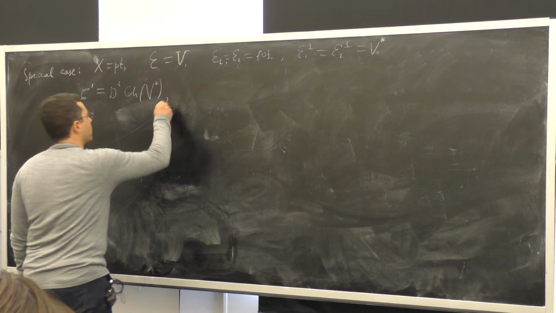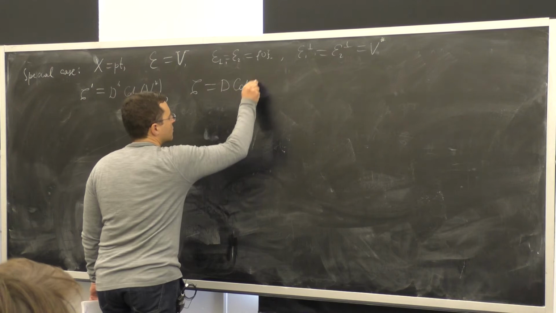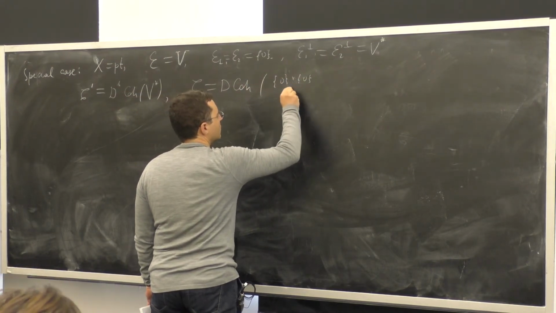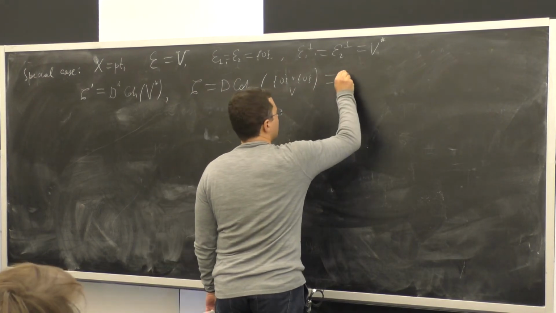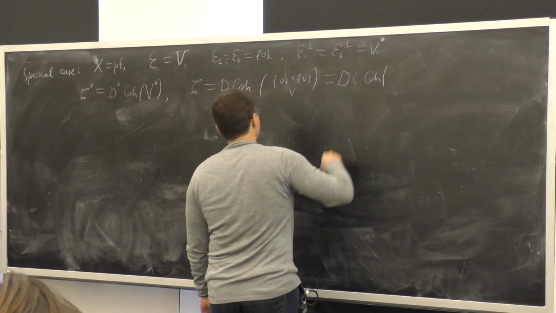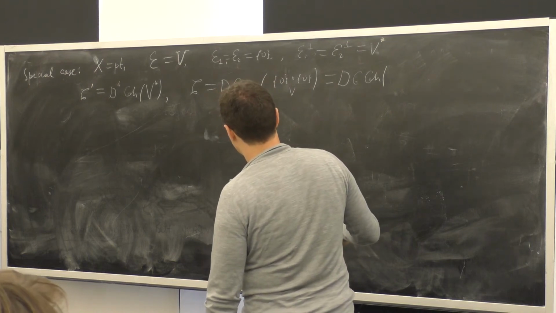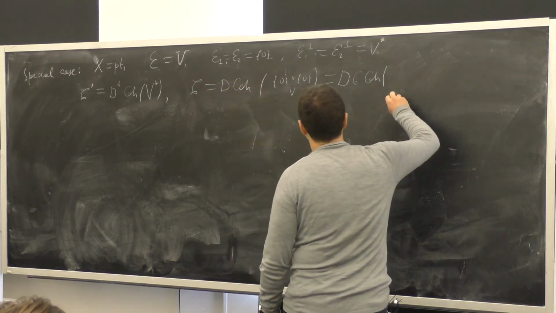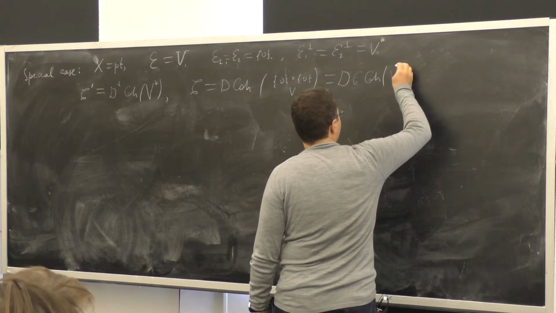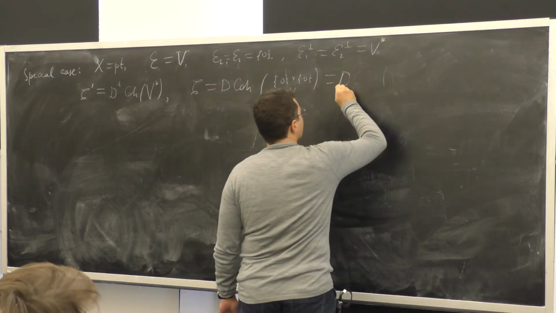But this C is slightly more complicated. So it's D^b coh of this fiber product, like 0 times 0 over V. So as we discussed the other day, it's like DG coh of V star essentially, but no, I want to say DG modules over the algebra.